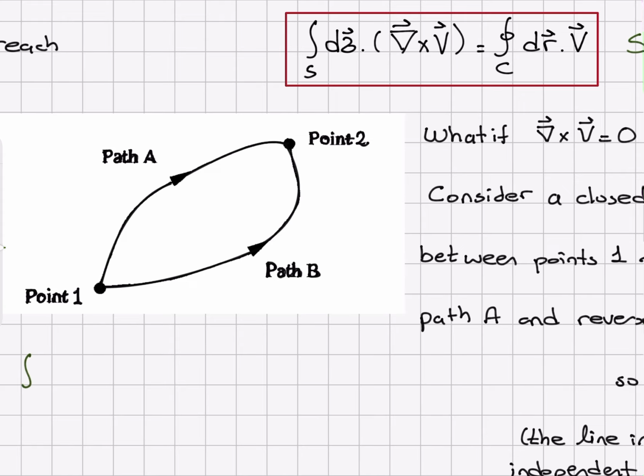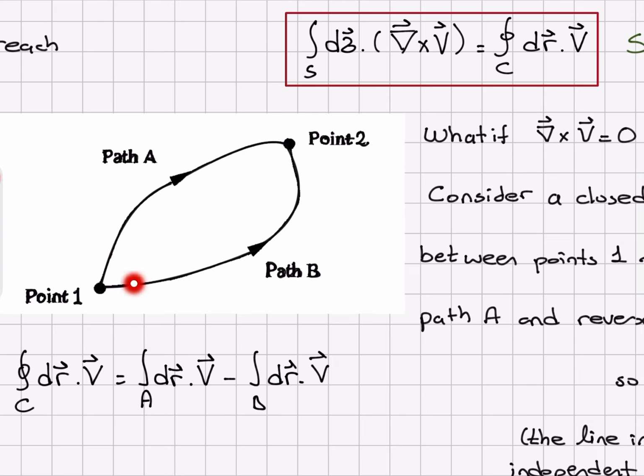The closed path integral dr dot product with vector V is equal to the path integral over path A dr dot V minus the integral over path B dr dot V, because we have to go along path A and along minus path B to reach the same point.